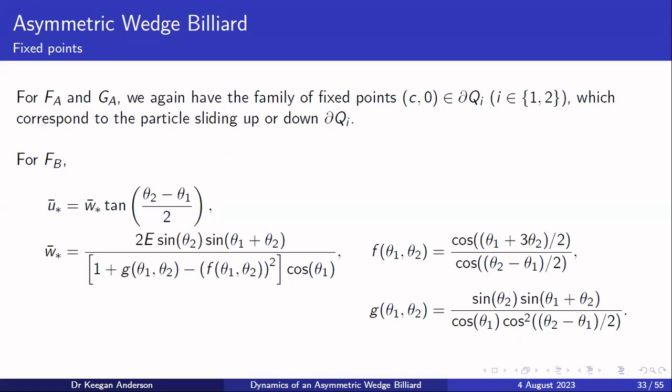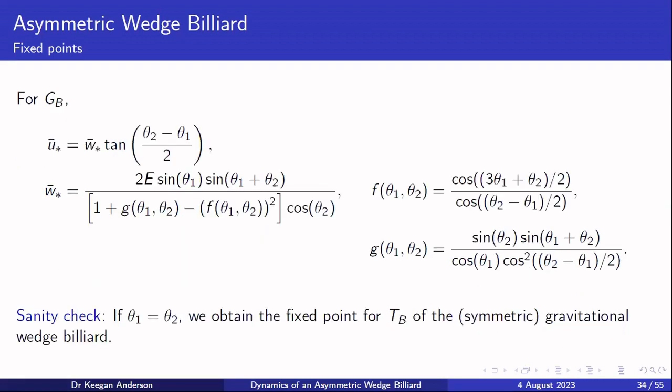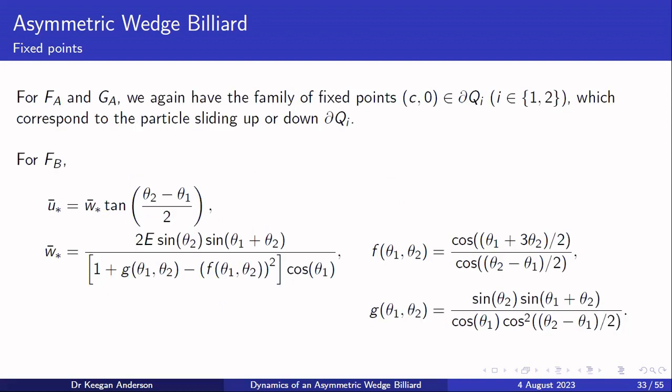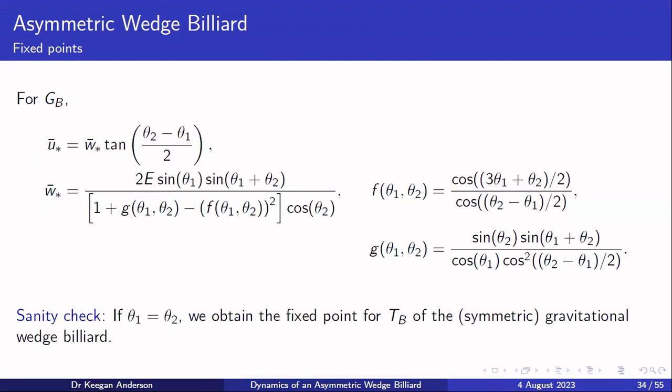But for those opposite side collisions, F of B and G of B, we have these very complex equations. What I realized only afterwards is to ask what happens if I set F of B equal to G of B, and whether I could get that single period trajectory which we had for the symmetric case.